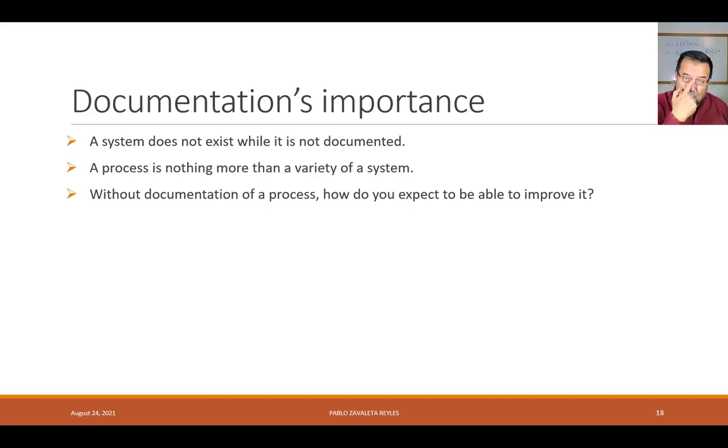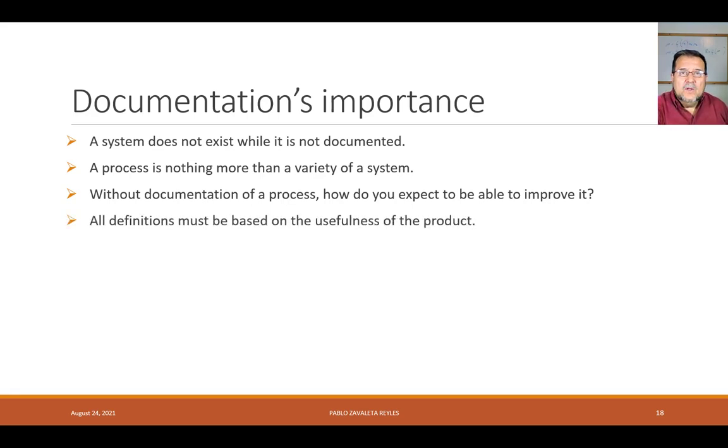But also remember always, when you're documenting stuff, you're not documenting what you're doing only. You must know that all definitions that you use must be based on the usefulness of the product.